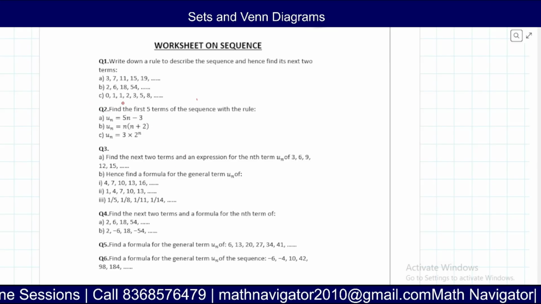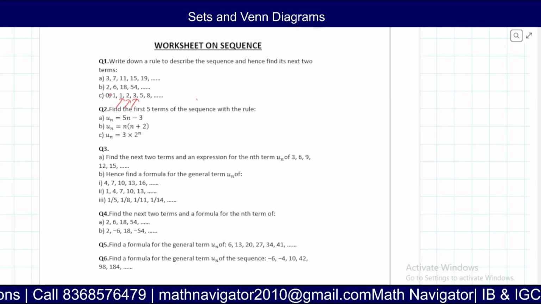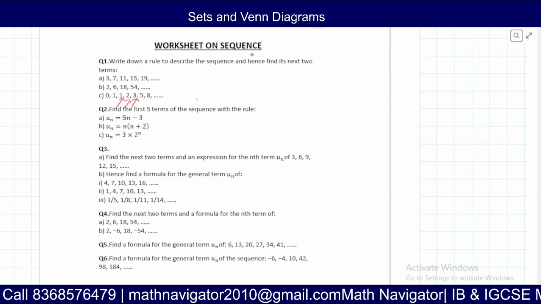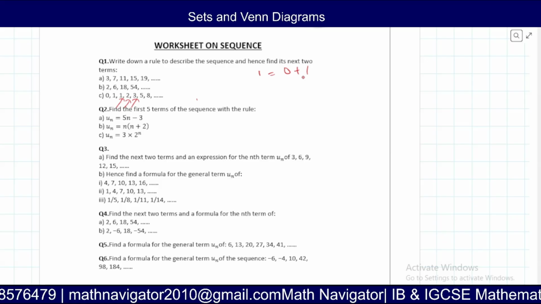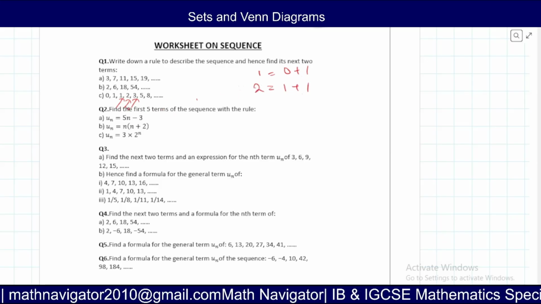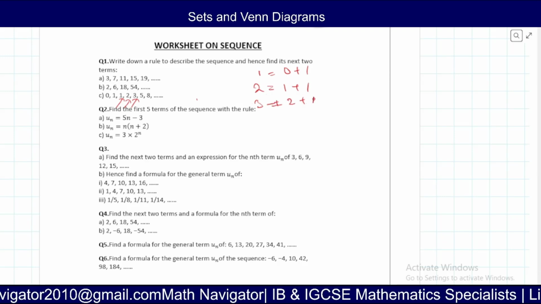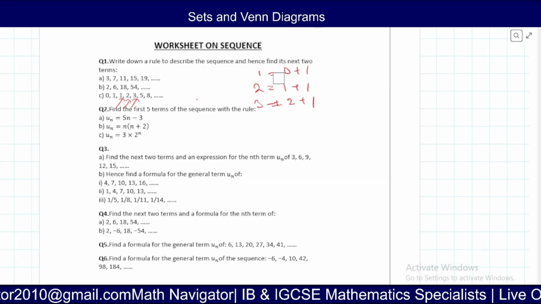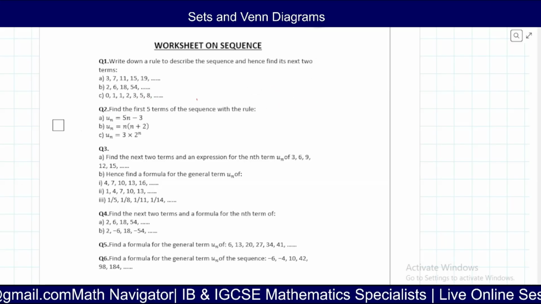The second term is 1. But from the third term onward, each term is the sum of the previous two terms. So 1 is the sum of 0 plus 1. Then my next term is 2, which is the sum of 1 plus 1. Then I have 3, which is 2 plus 1, and so on. Clear? I hope this is clear. Perfect. Then let's talk about the next.